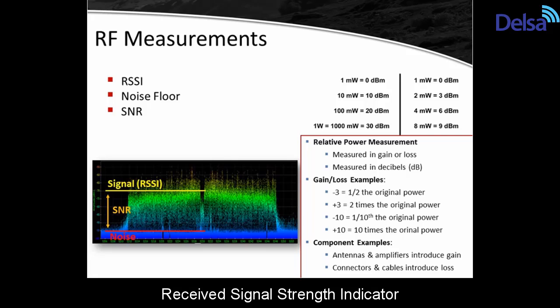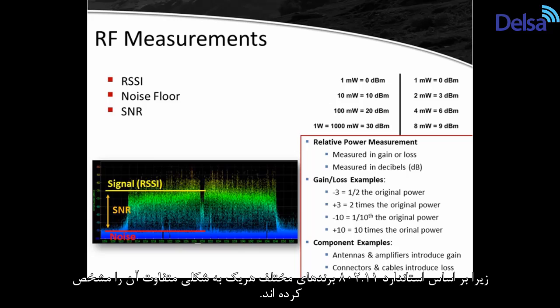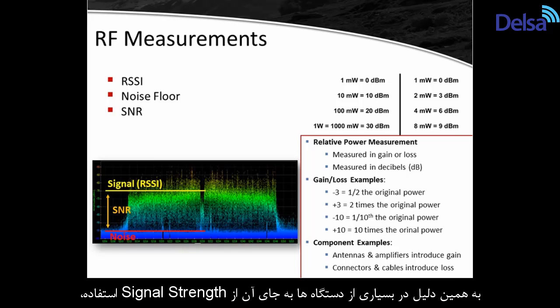We have this term called RSSI. It stands for Received Signal Strength Indicator, and it can be a bit complex because technically, according to the 802.11 standard, it's a value that different vendors end up specifying differently. And many tools today don't even say RSSI, they'll just say signal strength or something like that.